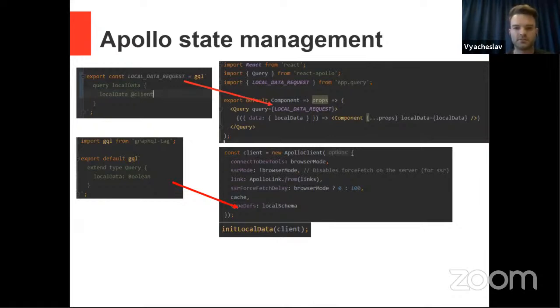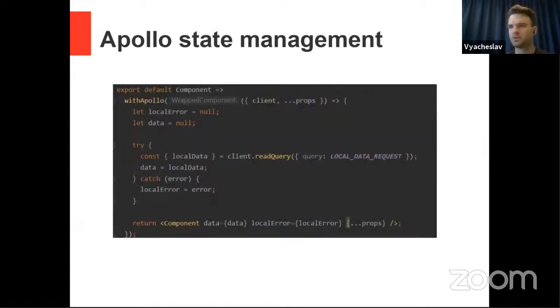Also, it is possible to make direct read and write operations based on the defined request from the client cache. But here you may have some issues. Sometimes, I'm not sure why, if you try to read local data directly from the cache without a query wrapper, you may get all data that was there before the local state mutation.